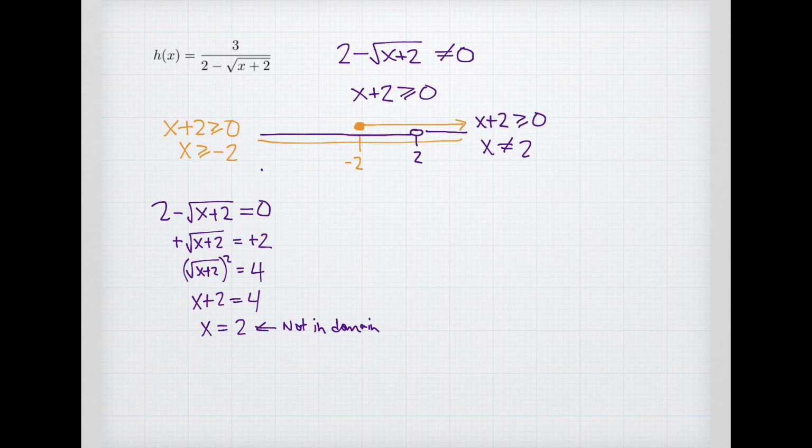We want to satisfy both requirements, and so I'm going to be looking for the intersection of these two sets. And the intersection, where both requirements are satisfied, is at negative 2. They're not both satisfied at 2, but all values to the right. This is my domain.